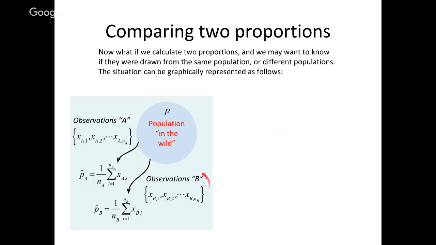Likewise, we could go back out and sample again. We get another set of events or non-events, another sequence of 1s and 0s, and we compute a new proportion p sub b hat.